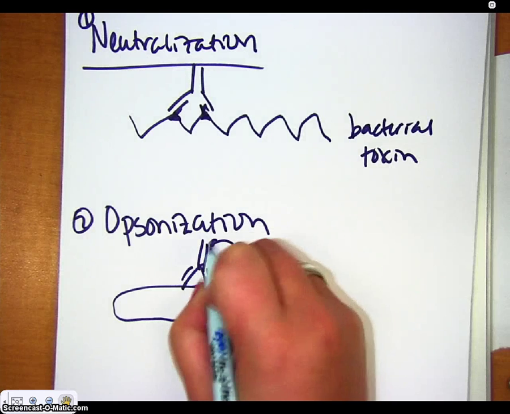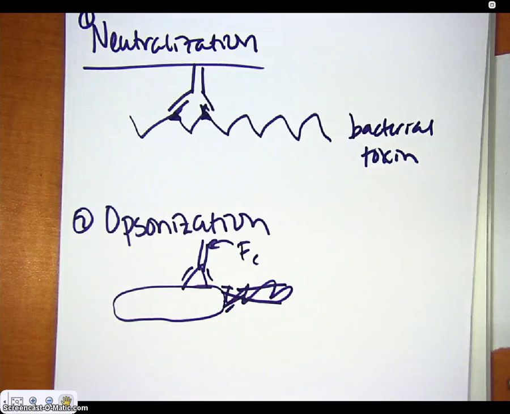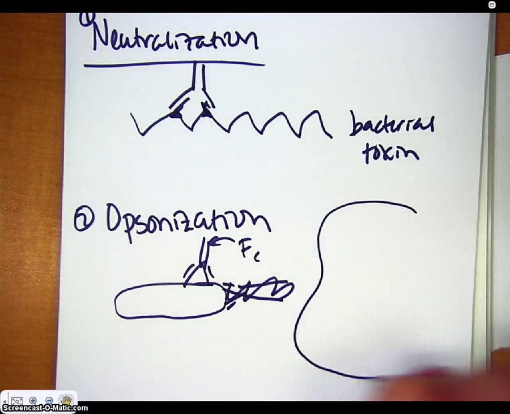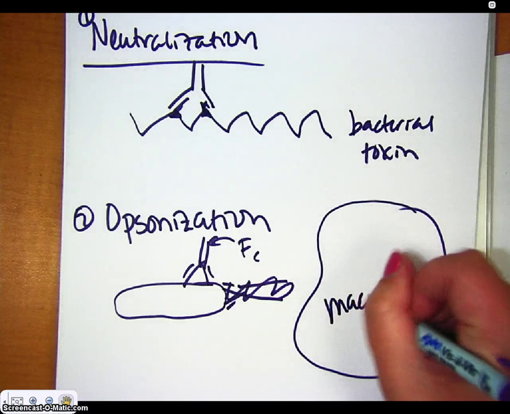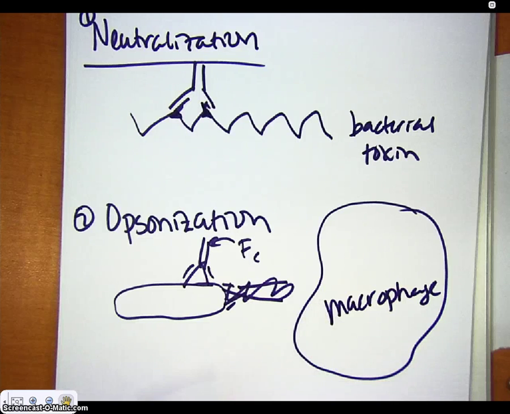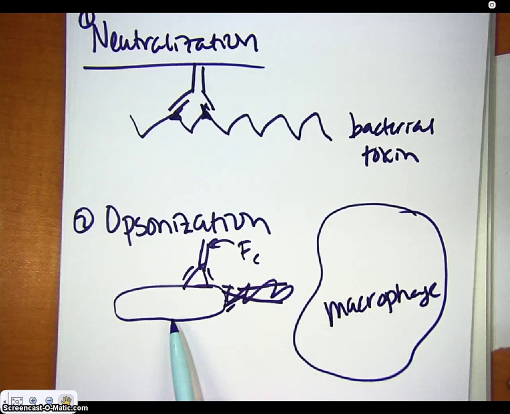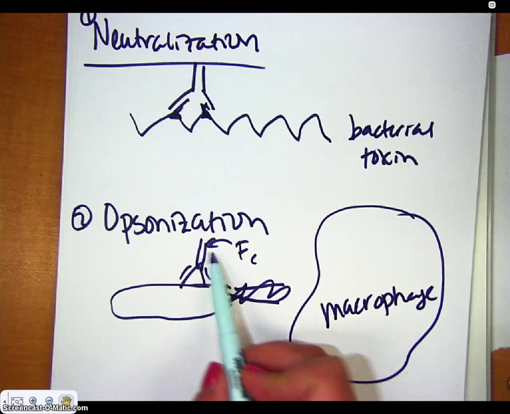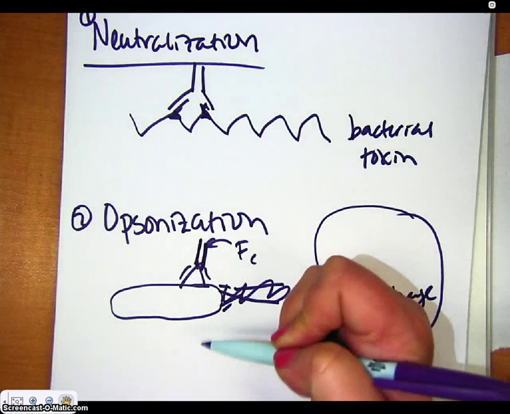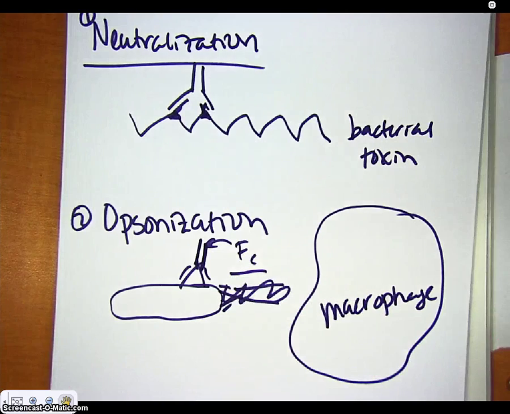Okay, this end, remember, is the constant fragment. So if we were to then have a much larger cell, a macrophage, come along, the macrophage will more readily engulf this bacteria because it recognizes that there is antibody attached to it, and it does it by recognizing the constant fragment.